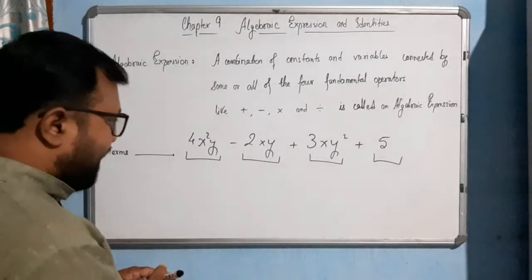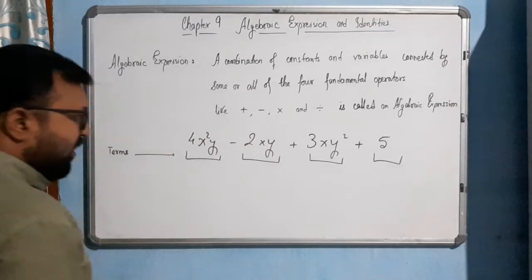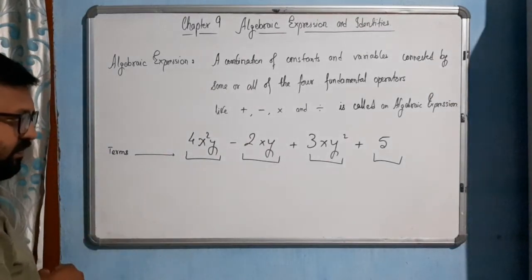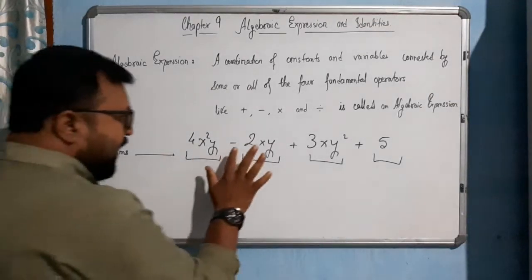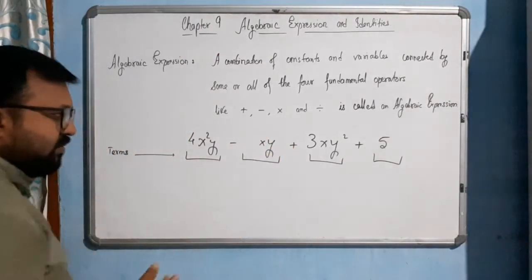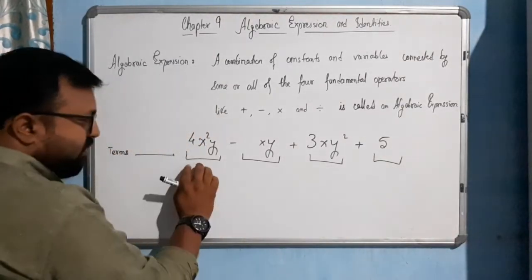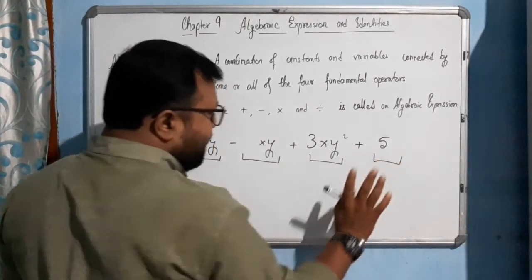So how many terms do we have right now? 1 term, 2 terms, 3 terms, 4 terms. Okay, let me remove these two, it will be easy to understand. I want to say something here. We are having 4 terms right now.